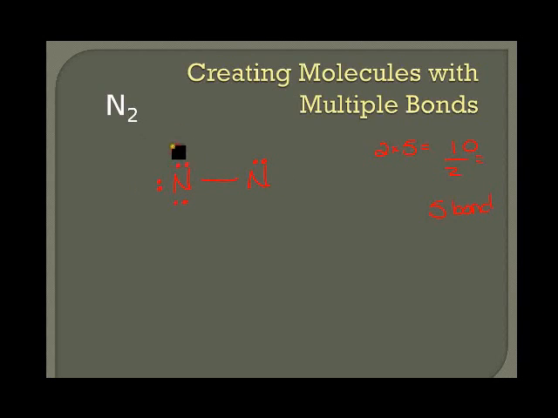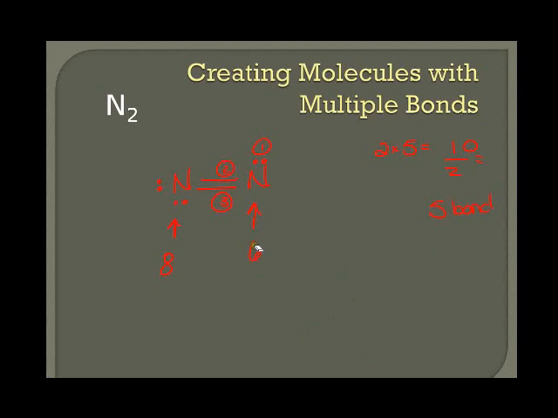This nitrogen's happy because it has 1, 2, 3, 4 pairs, or 8 total electrons around it. But this nitrogen only has 1, 2. So we're going to create a double bond and remove the electrons here. So this nitrogen still has 8. This nitrogen has 1, 2, 3, so it still only has 6.